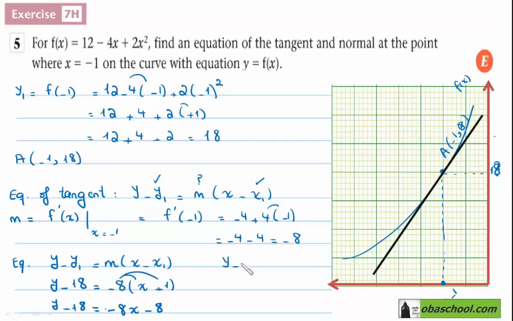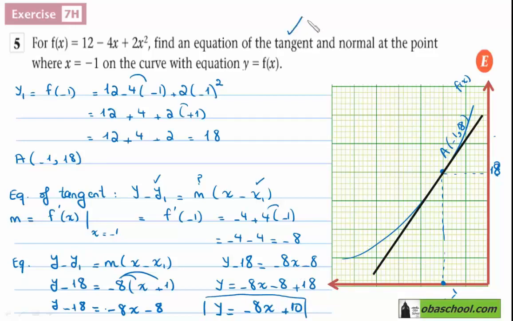Let's now rearrange this equation, we can get rid of the minus 18 on this side by adding 18 to both sides. So we get y equal minus 8x minus 8 plus 18. This is equal to minus 8x plus 10. Therefore, this is the equation of the tangent line at the point A.